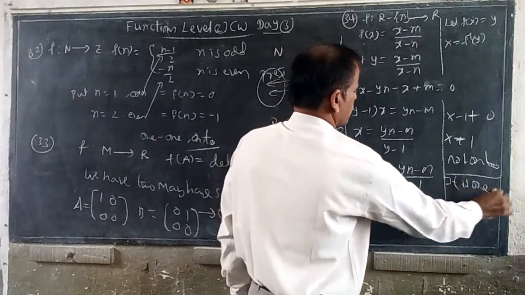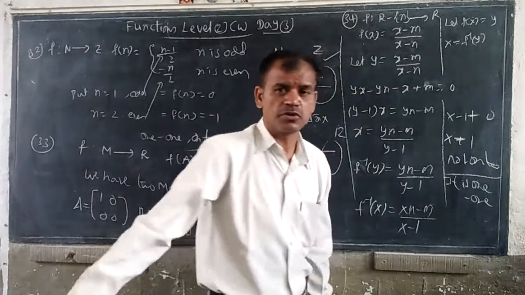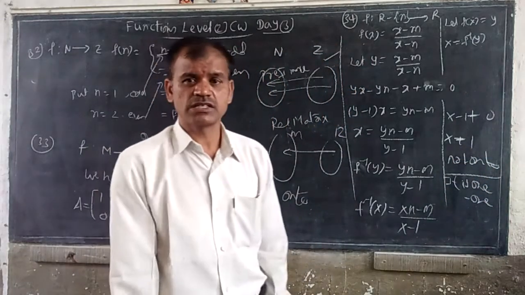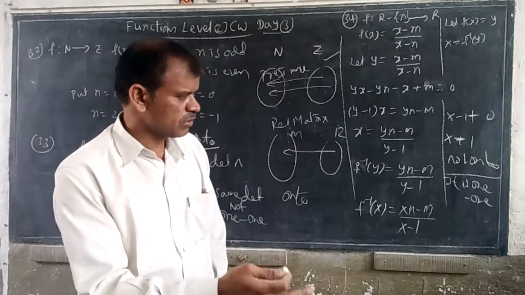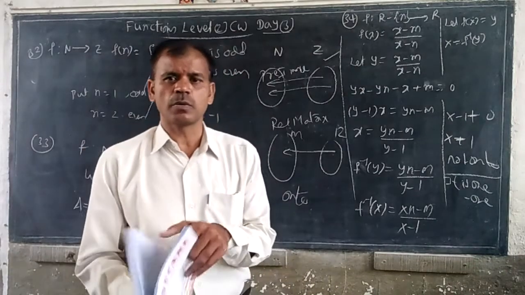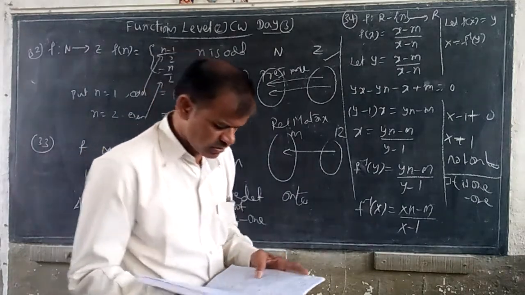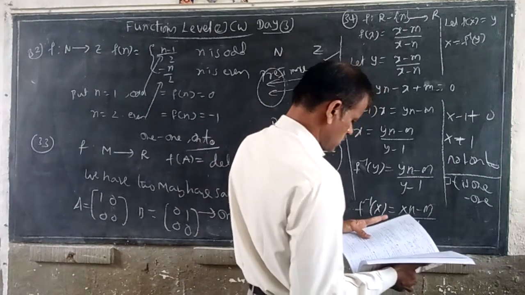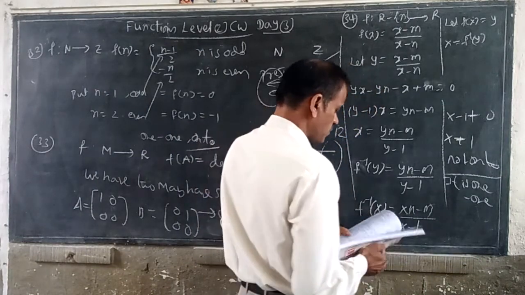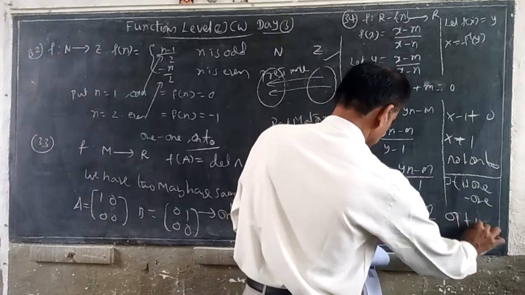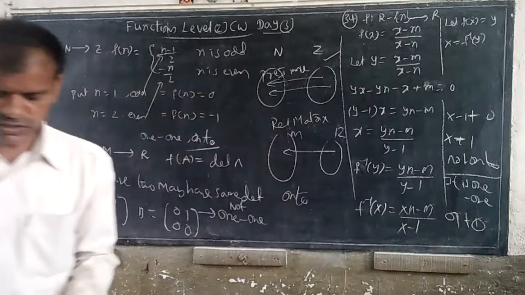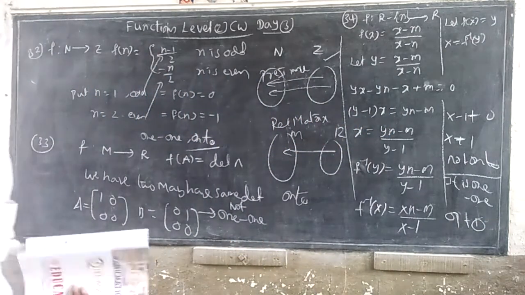It is 1-1, okay, but not onto. Such a function is called an into function. Even though 1-1 not onto we can write, according to the option, we are given an into function. So it is 1-1 into, option 1. If the function is not onto, we can say that it is an into function.